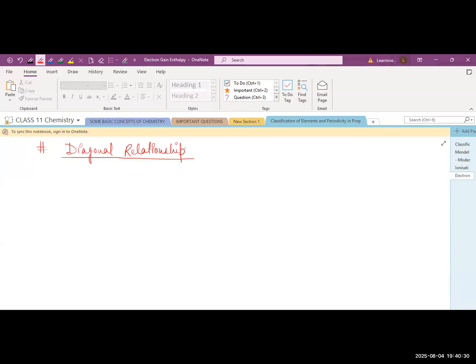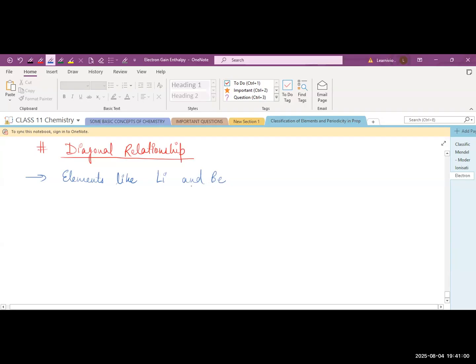So basically, elements like lithium and beryllium show similarity with the second element of the next group. Lithium belongs to group number one, beryllium to group number two, and both belong to period number two.